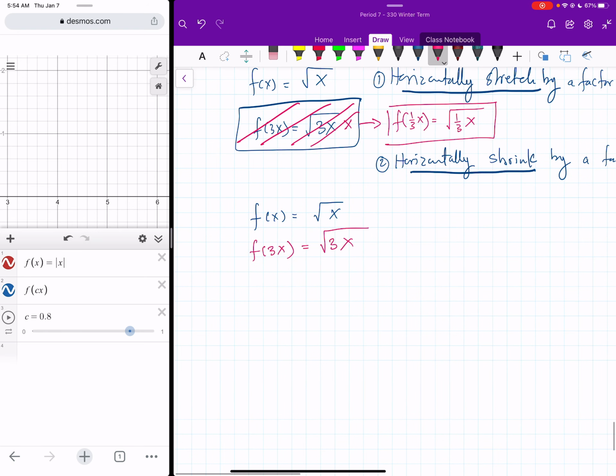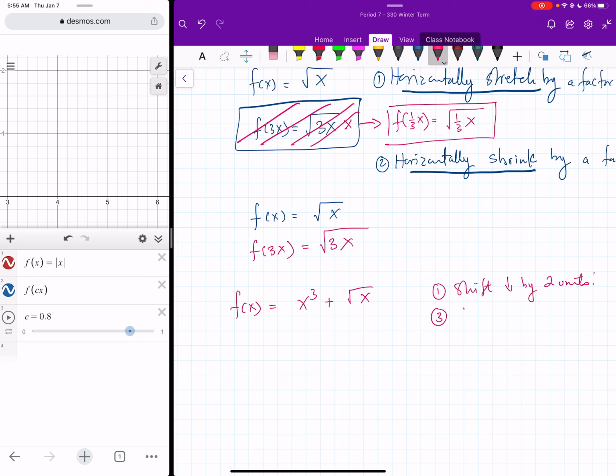All right, let's look at a final example, and let's do a combination. So I have, let's say, x cubed plus square root of x. And I want to do a sequence of 3 transformations. Step 1: shift down by 2 units.